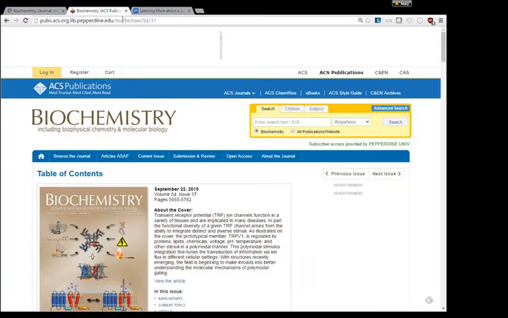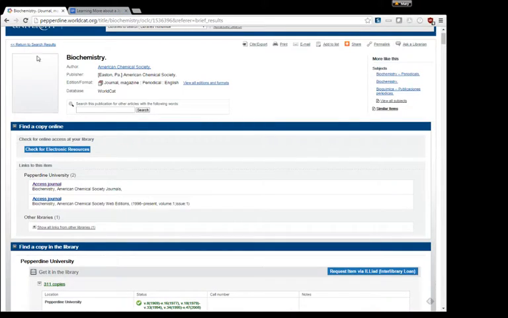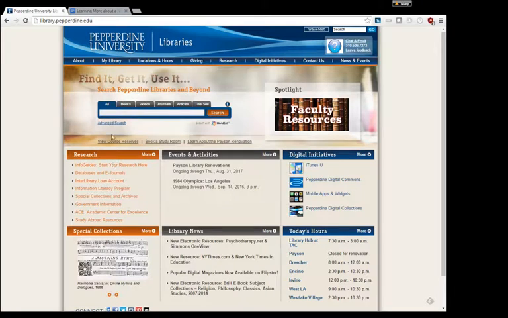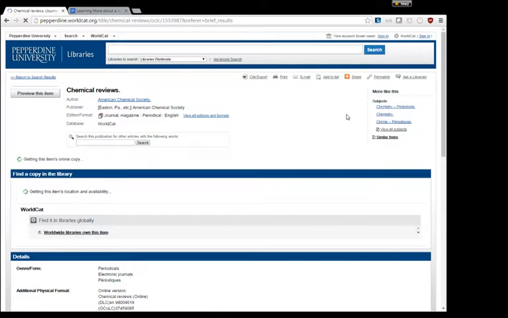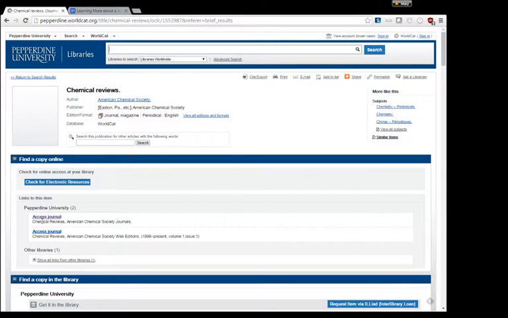The second journal we're going to look at is the journal Chemical Reviews. So again, we're going to come back to the library homepage, click on the Journals tab, and find Chemical Reviews. I'm going to click on Access Journal.